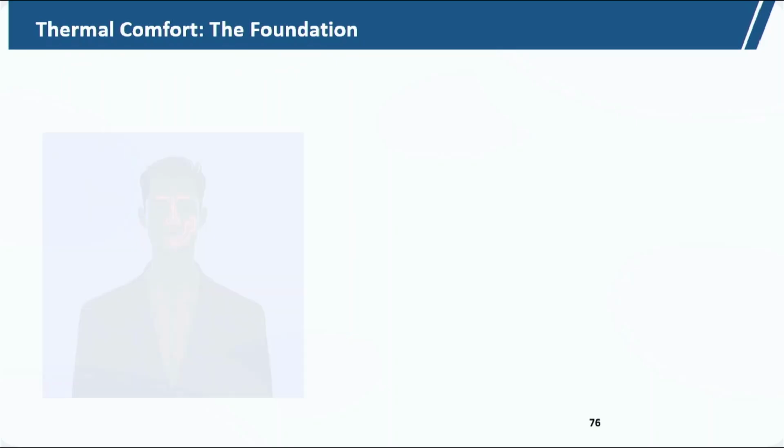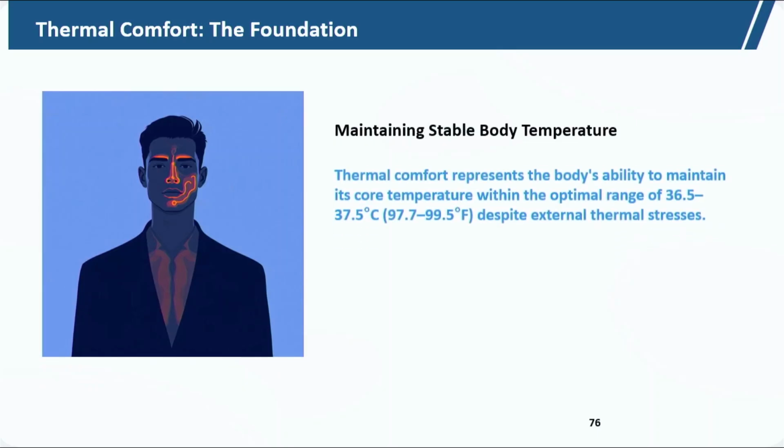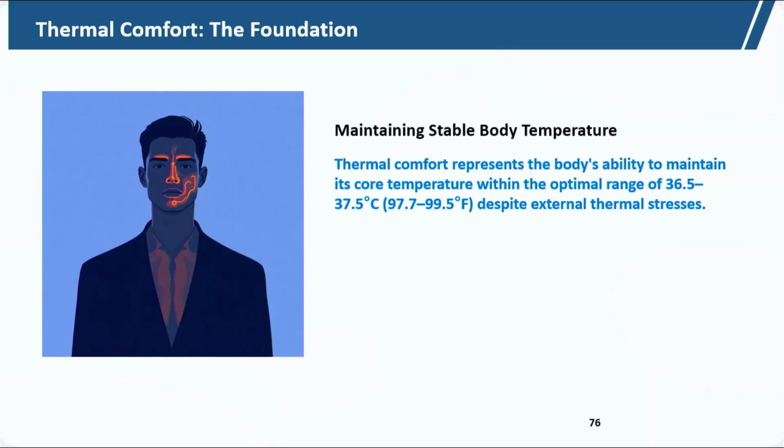Thermal comfort maintains a stable body temperature. Our body core temperature typically ranges from 36 to 37 degrees, so maintaining it is very important. Skin temperature may vary depending on the environmental condition, but the body temperature should be kept within a safe region.